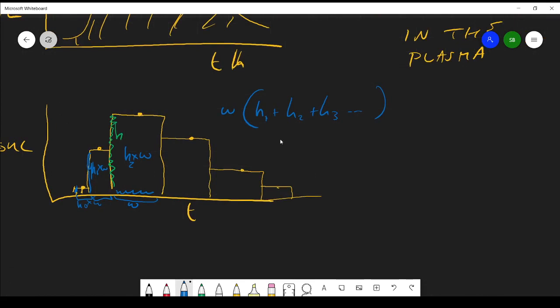Each of these h is the actual concentration that you measured.